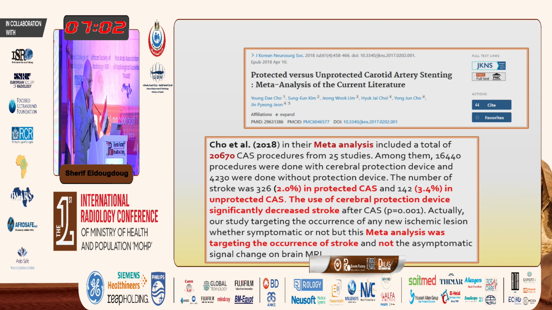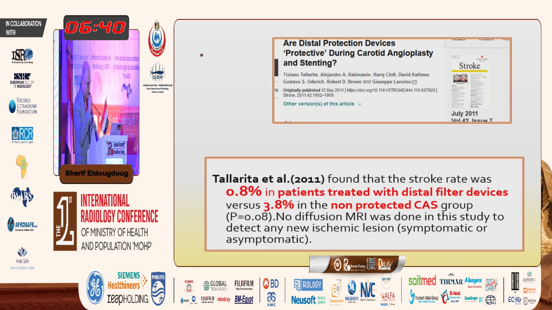This meta-analysis actually gives the upper hand to the filter for protection from ischemic stroke during CAS, but this meta-analysis was targeting the occurrence of stroke, not the asymptomatic signal change on brain MRI.